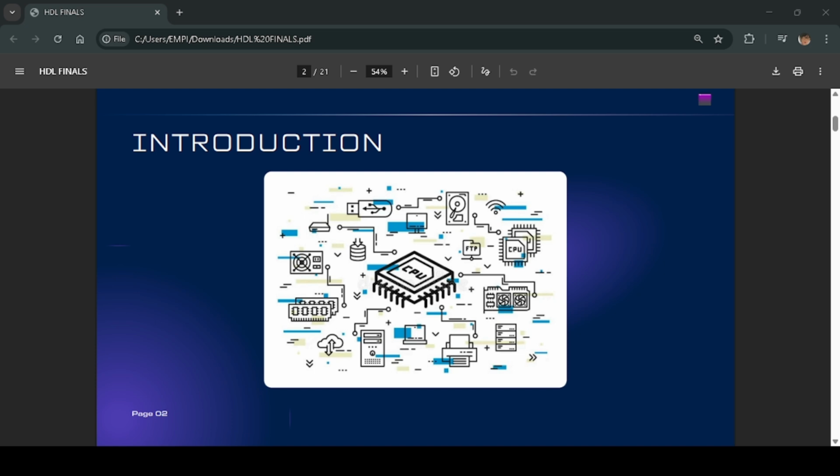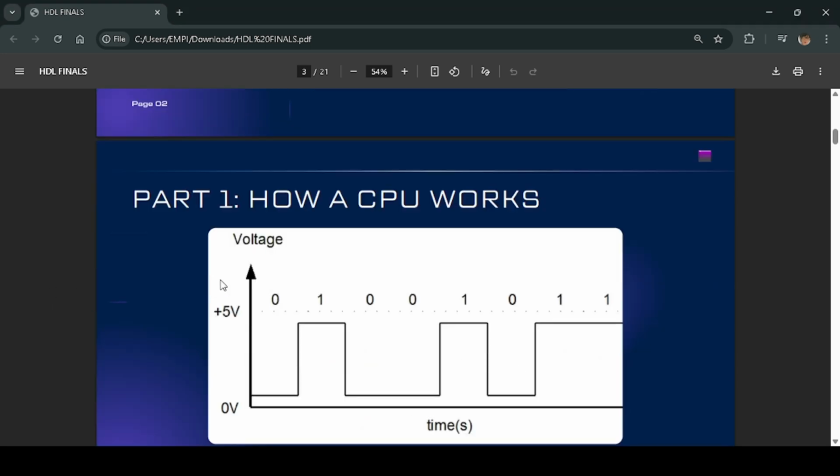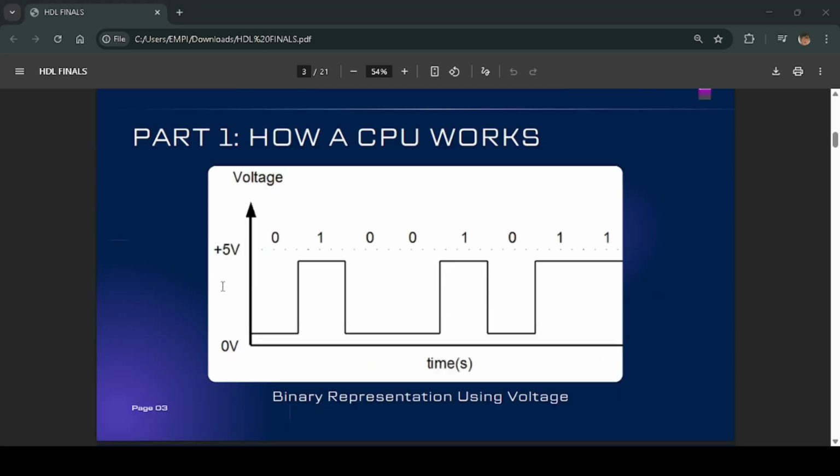It reveals how hardware and software have co-evolved in a relentless push for greater power, efficiency, and capability. So let's start with part one, the binary representation using voltage.